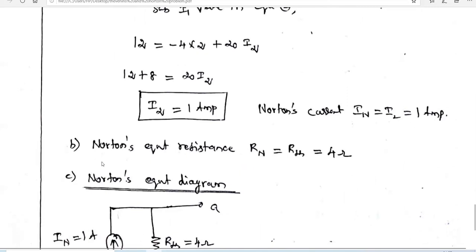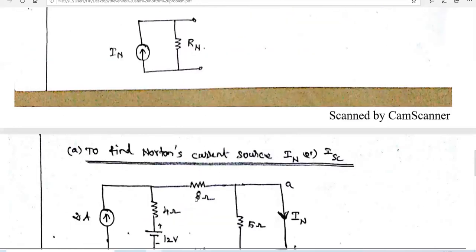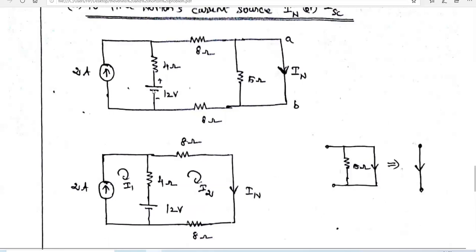The second step is we have to find the Norton's equivalent resistance, which is nothing but the Thevenin's equivalent resistance. The same procedure we have to follow. In the given diagram, we have to replace the voltage source by a short circuit and the current source by an open circuit.